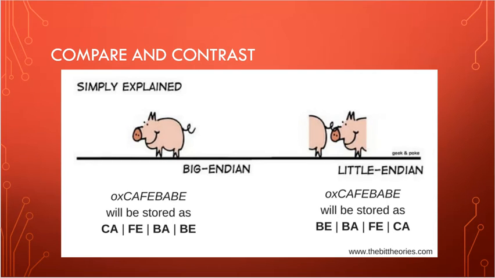Little Endian makes it easier to place values on normal values. Conversion from a 16-bit integer address to a 32-bit integer address does not require any arithmetic. Both have advantages and disadvantages.